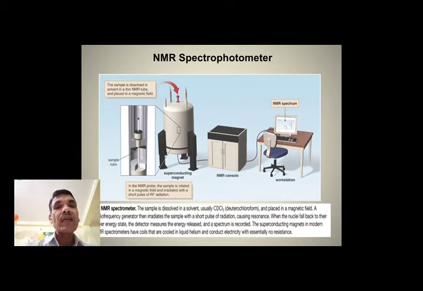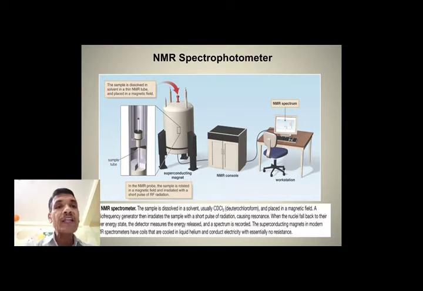and placed in a magnetic field. A radio frequency generator generates radio waves and irradiates the sample with a short pulse of radiation causing resonance. When the nuclei fall back to their energy state, the detector measures the energy released and the spectrum is recorded by the recorder.